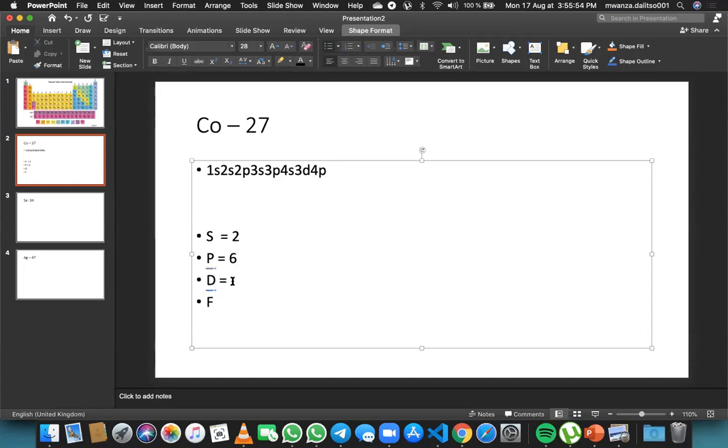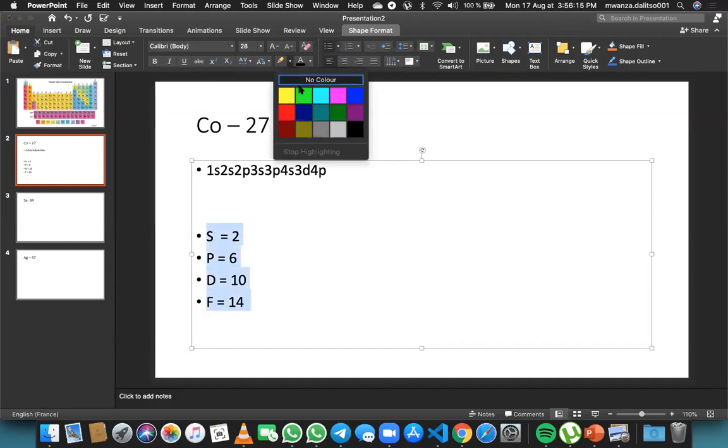D, 10. F, 14. G, I don't know, but I'm sure you just add 4. So it goes as far as the F. Everything we're going to be doing will be based on this, nothing else, nothing more.